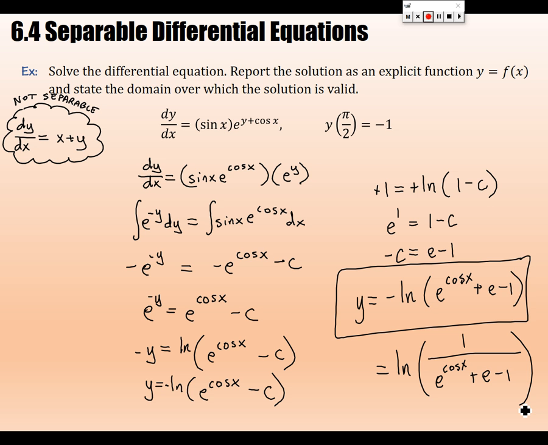No. This is what I mean. Try it here. If you plug in pi over 2 to mine, do you get -1? Let's do it. Cosine of pi over 2. Well, try it in yours. If you plug pi over 2 in, do you get -1? Try it. If you do, that's good. If you don't, that's not good. I'll take a look.